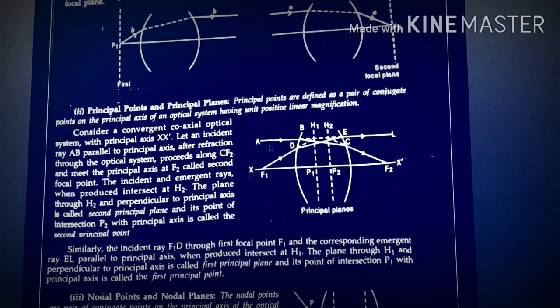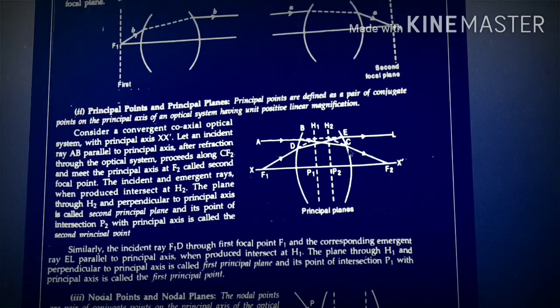The incident ray AB and the emergent ray CF2 intersect at a point S2.